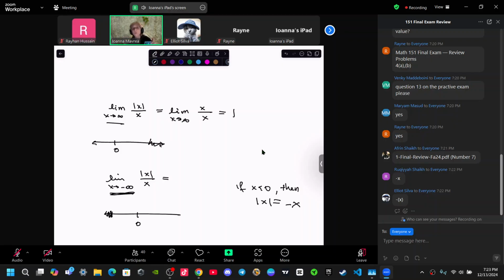And it doesn't matter what's in the denominator, right? What matters is whether x is positive or negative. That's what will tell you how to replace the absolute value of x. Since x is negative, then this is the same thing as the limit as x goes to negative infinity of negative x over x. And now you can simplify and the answer will be negative 1, right?